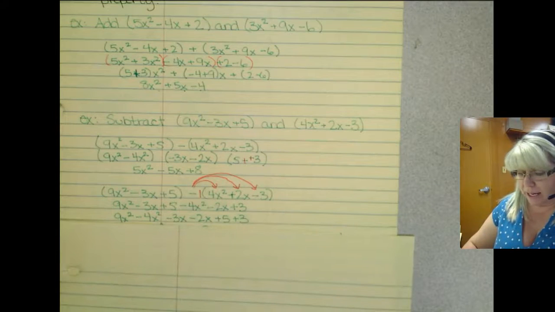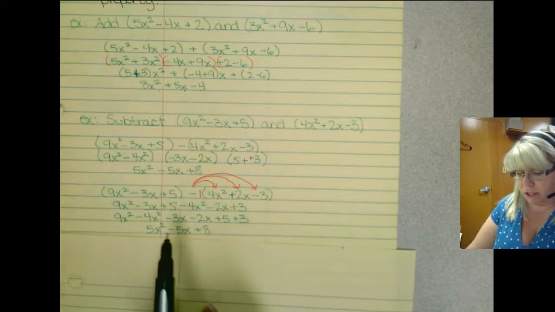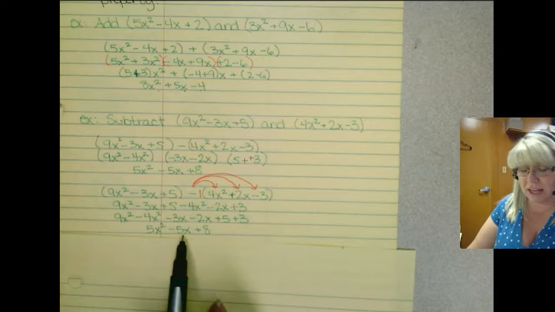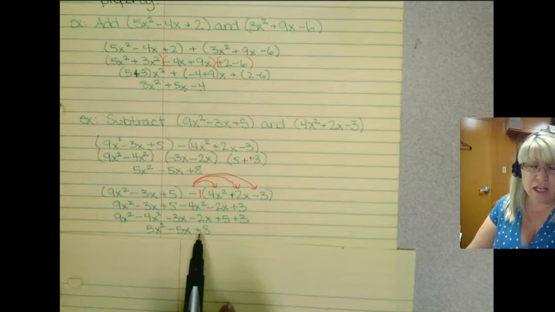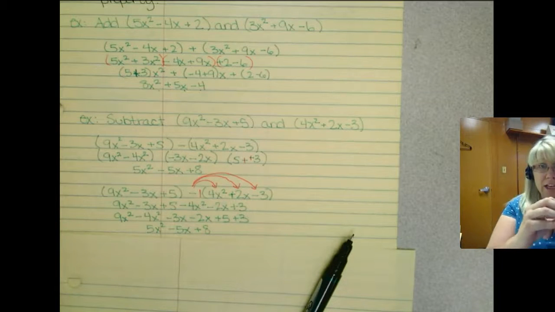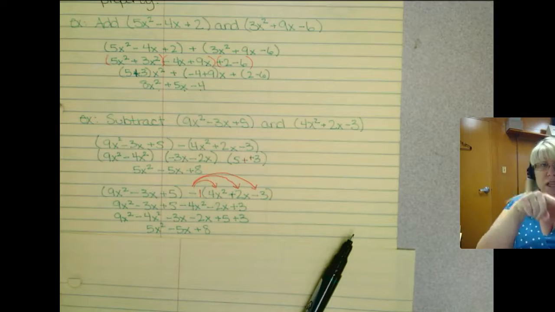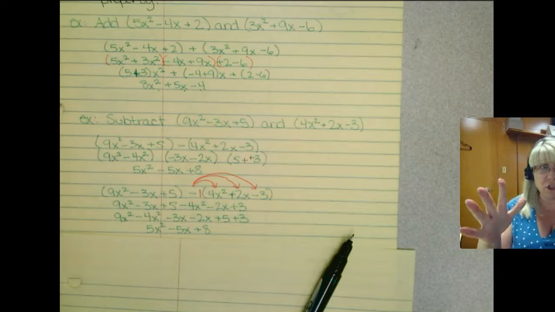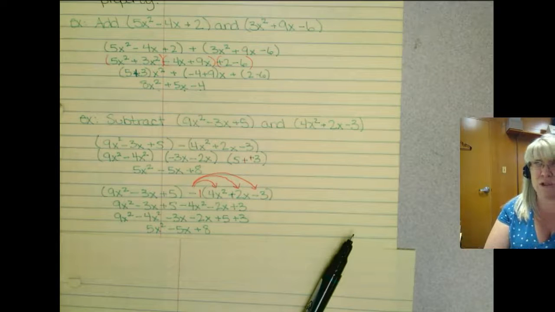Now when you add like terms, you're still going to get the 5x squared minus 5x plus 8. So depending on what you like, if you like to think of it as all subtraction or you want to distribute that subtraction across all of the terms, is up to you how you decide to simplify the problem.